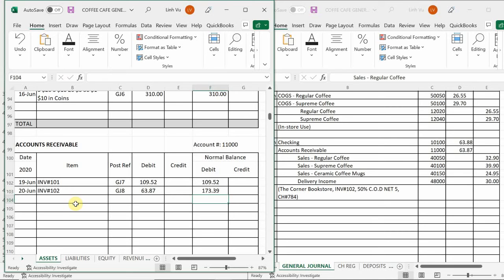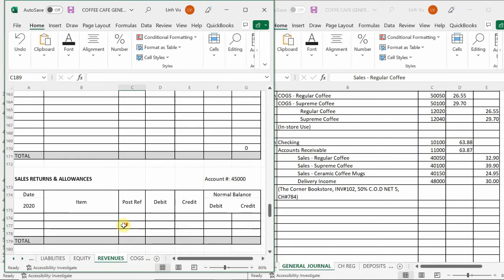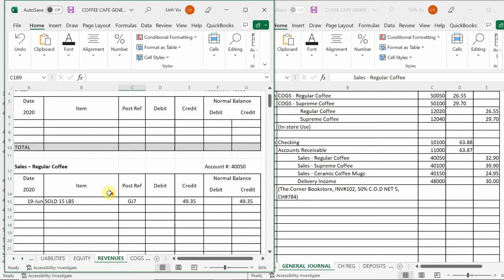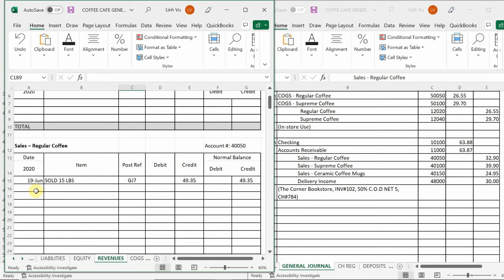Next, what we have to do is record our sales. So sales for regular coffee, $32.90. How many pounds did we sell?